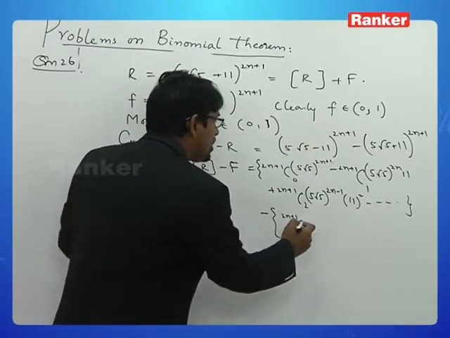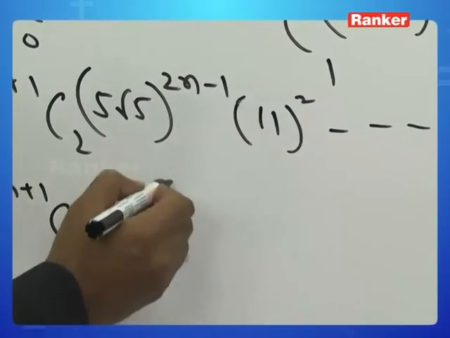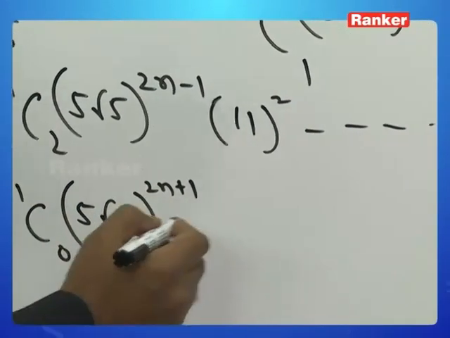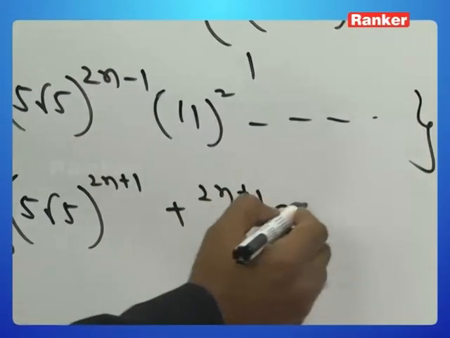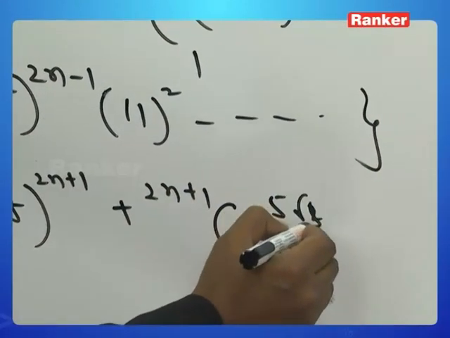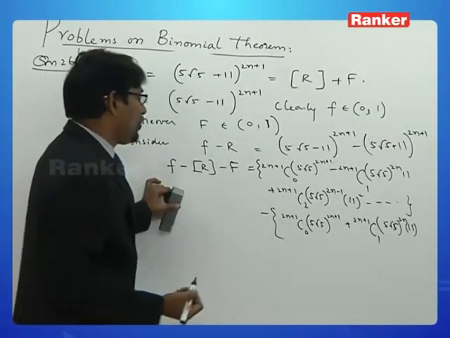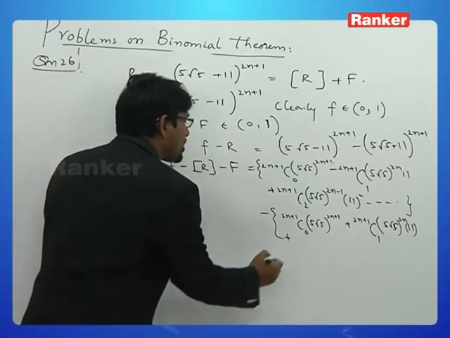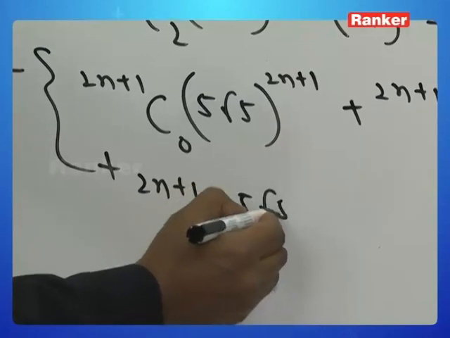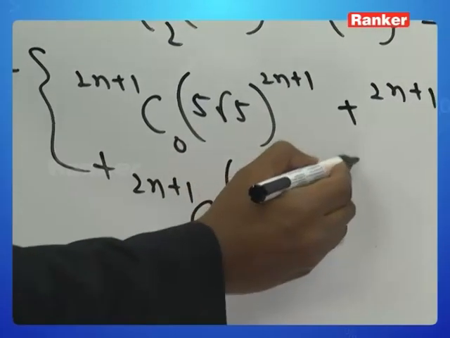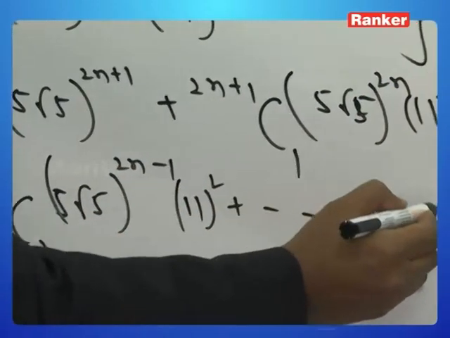What we have is 2n plus 1 c naught into (5 root 5) raised to the power 2n plus 1, plus 2n plus 1 c1 into (5 root 5) raised to the power 2n into 11. Next plus 2n plus 1 c2 into (5 root 5) raised to the power 2n minus 1 into 11 square. We get all positive terms like this.